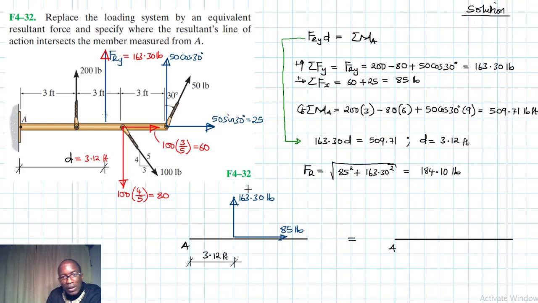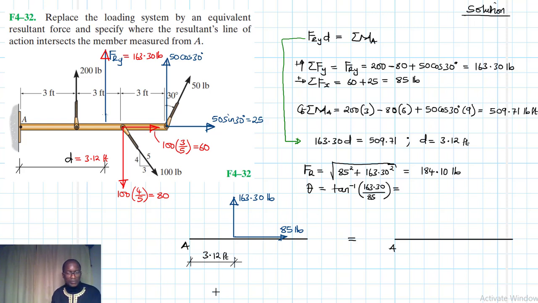So let's say, and we also need the angle, right? We cannot talk about resultant without the angle. So tan inverse of the component in the y, which is 163.30 divided by 85.